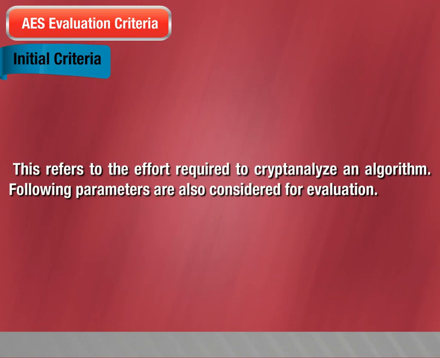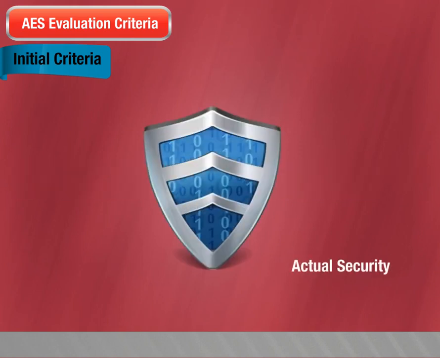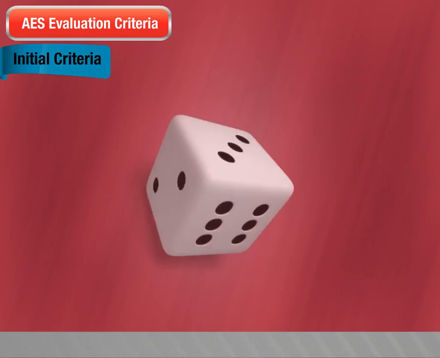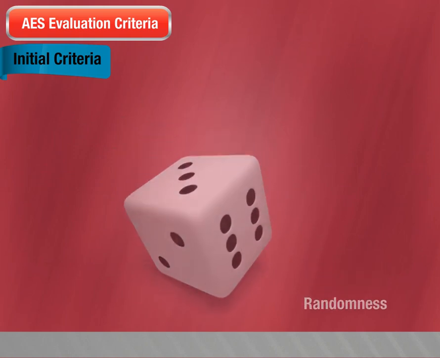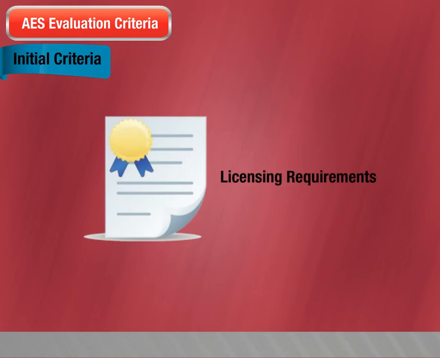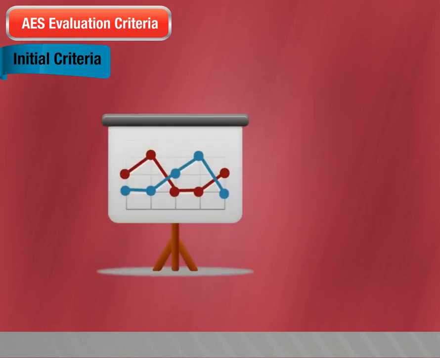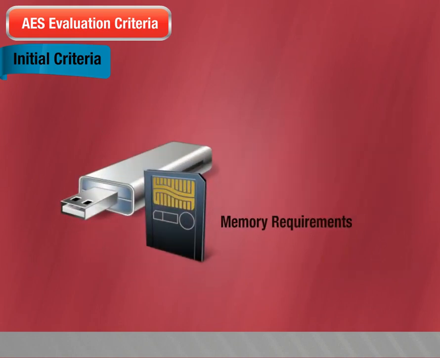Security. This refers to the effort required to cryptanalyze an algorithm. The following parameters are also considered for evaluation: actual security, randomness, cost, licensing requirements, computational efficiency, memory requirements.